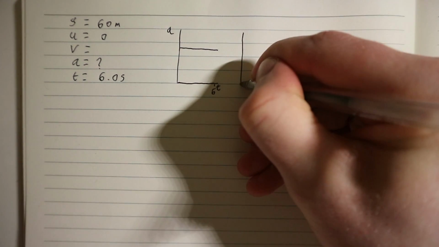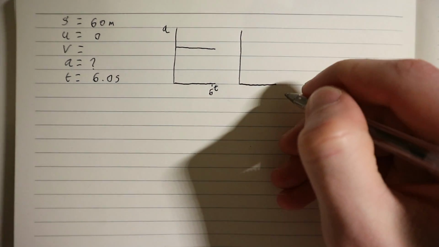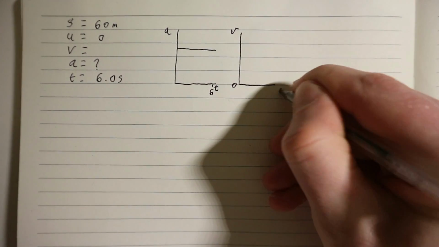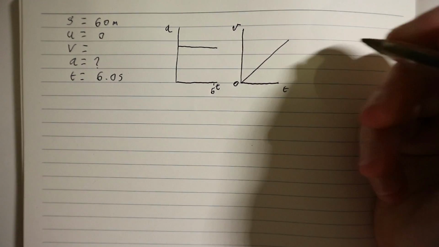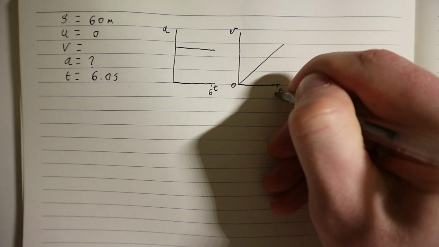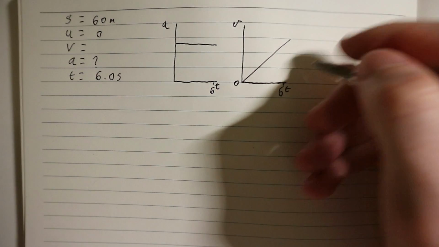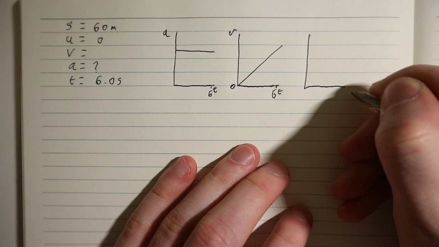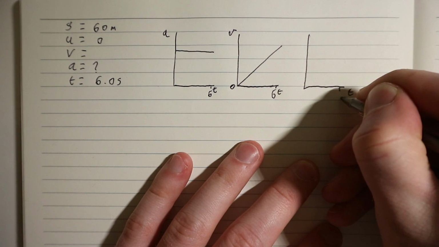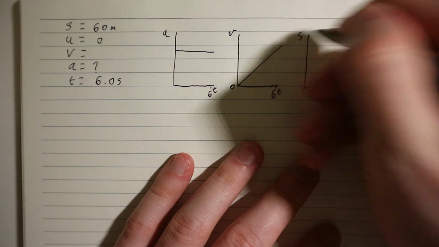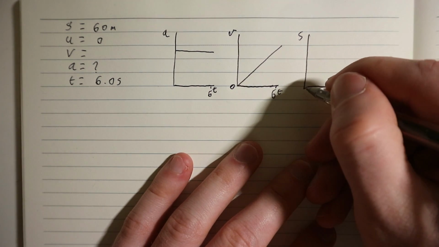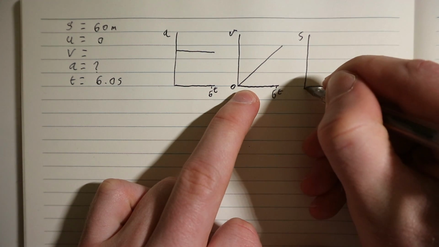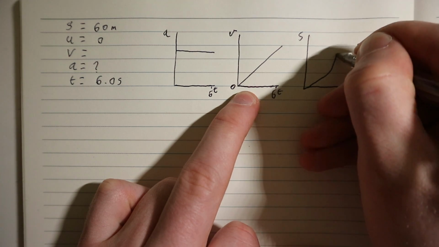And the velocity, because the acceleration is constant and it starts off at 0, will be a straight diagonal line to 6 seconds. We don't actually need the displacement graph, but I'm going to draw it anyway because it's interesting. Now the gradient of it starts off at 0, starts off low, and increases over time.